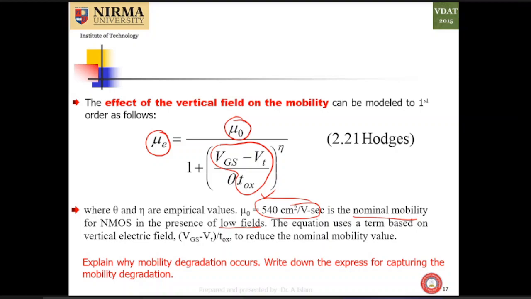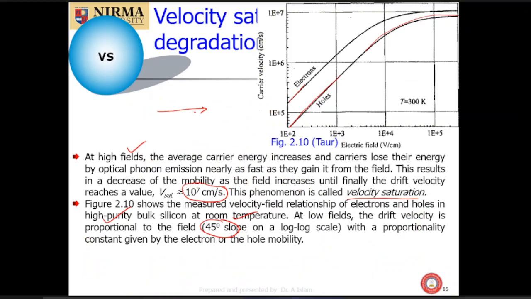Sir, how will the vertical field influence the mobility when the mobility is in the horizontal direction? See, the carrier is going to move in the channel in this direction. Suppose you have n plus on this side and n plus on this side. We are talking about a MOSFET, and the carrier is moving in the channel in this direction. Gate is here, source and drain.